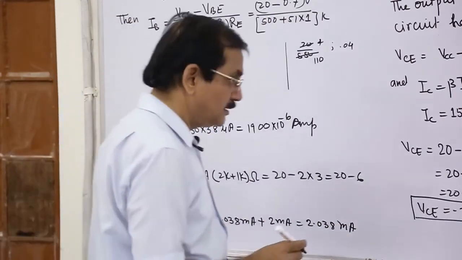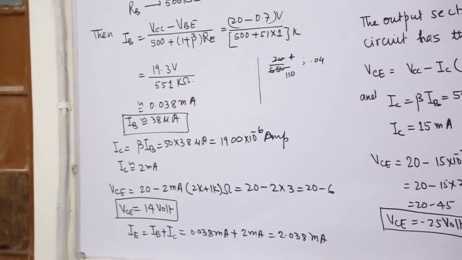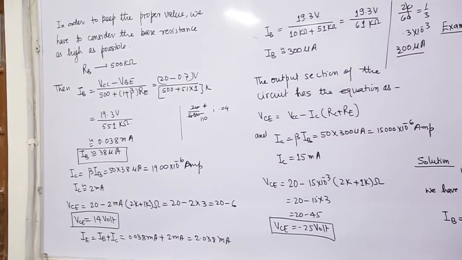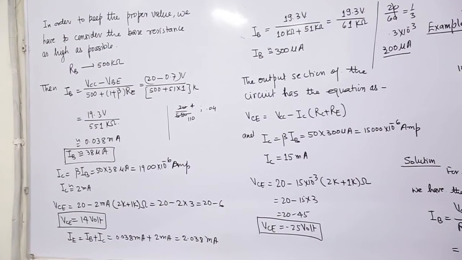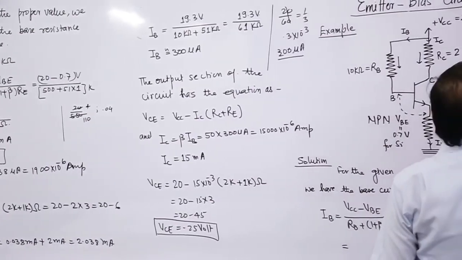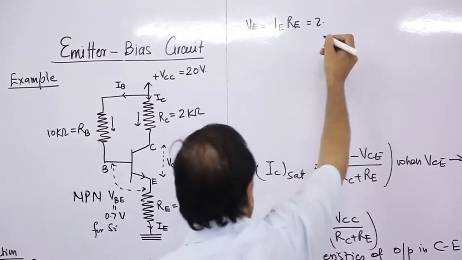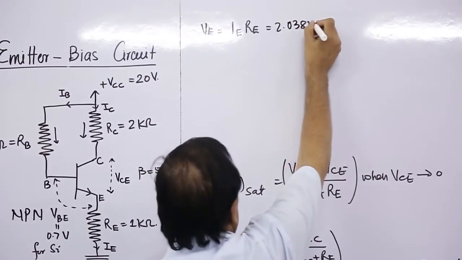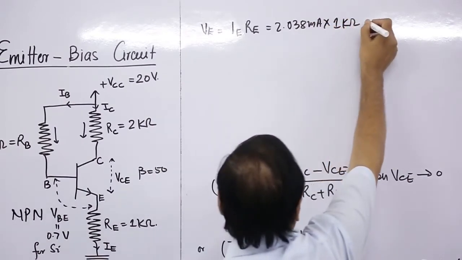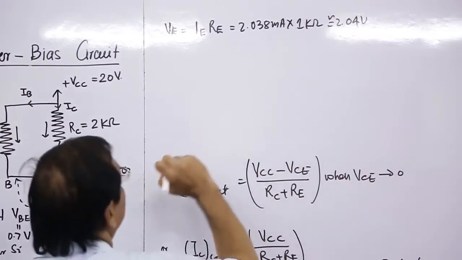This is IE. Now, our VE is equal to IE RE. So, this is 2.038 milliampere into 1 kilo ohm, that is approximately 2.04 volt.